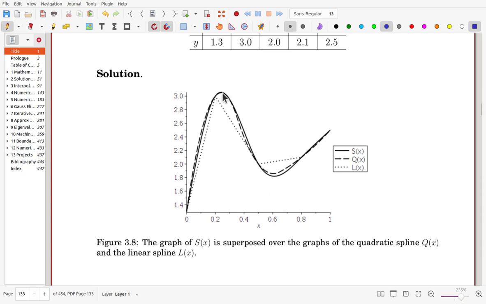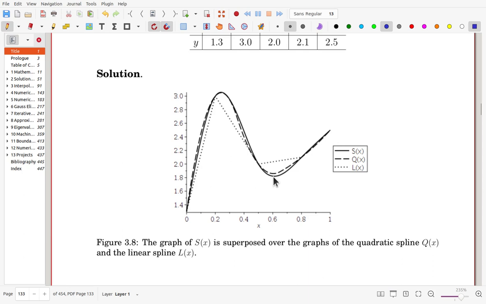Around here, the overshooting, the local extrema is made, but looks like the same value from the cubic spline and quadratic splines.